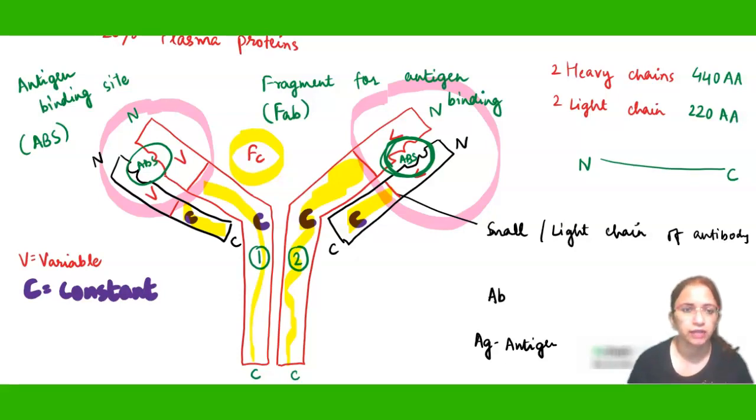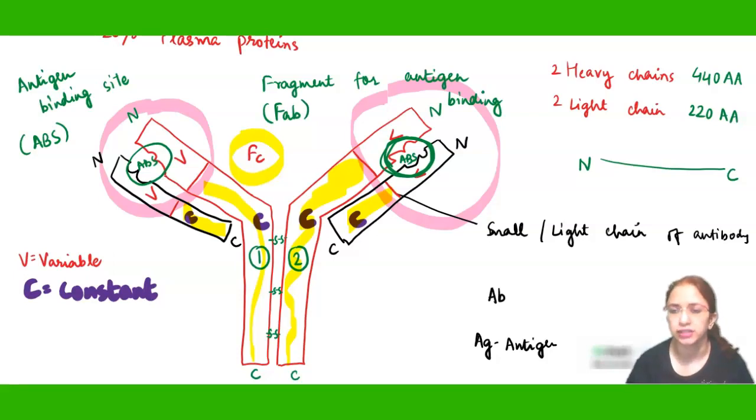Another thing which I have to tell you is that disulfide bonds are present between the heavy and the light chain, and for connecting two heavy chains together. Here you can see at the fragment of crystalline region, I am showing S-S.